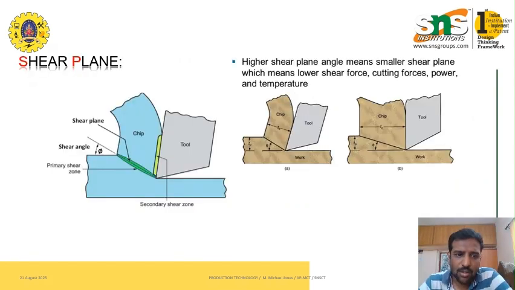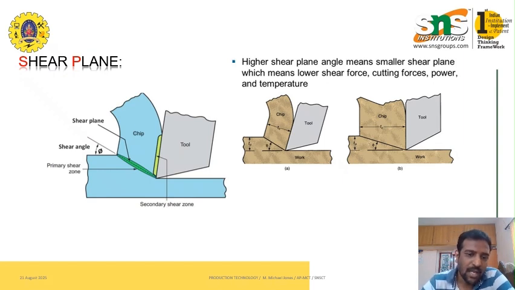So the shearing plane is shown here with a few categories. Based on the shearing plane, the shearing force or the cutting force, the power, the temperature created, everything is changed or modified by changing the shearing plane.